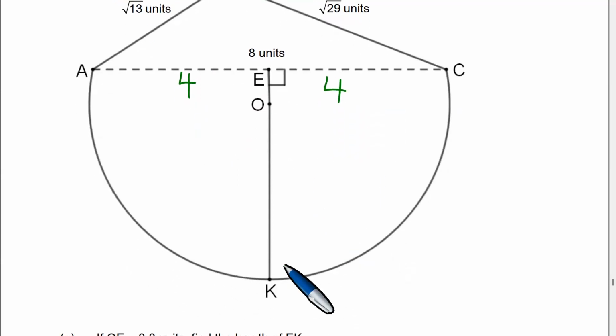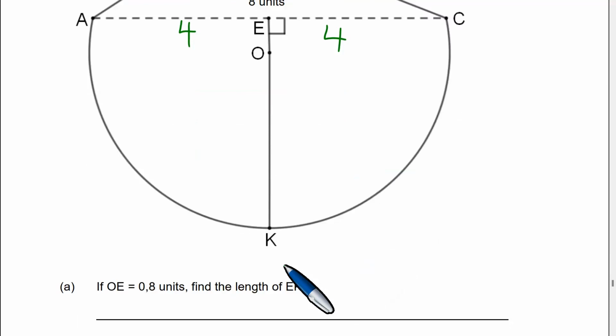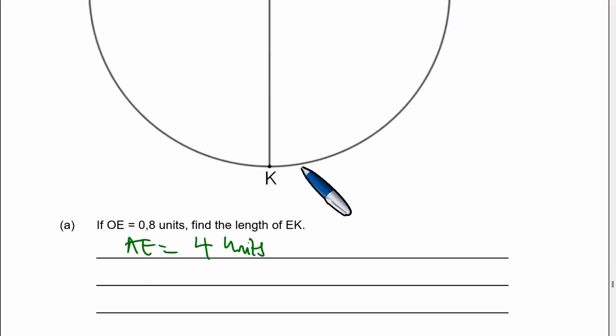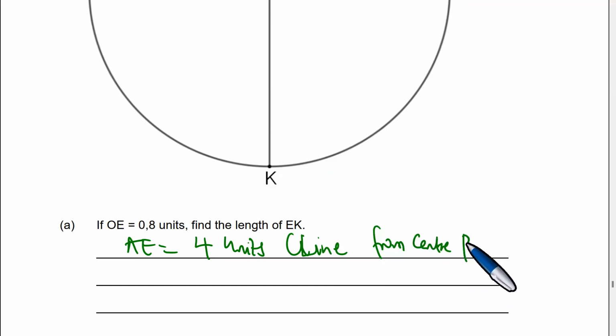So AE is going to be 4 units because of the line from center perpendicular to chord.